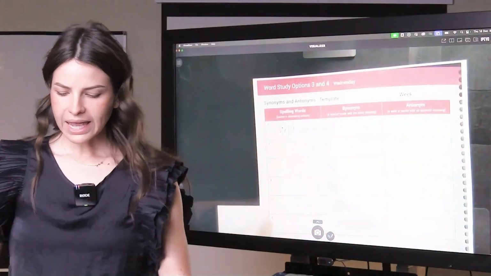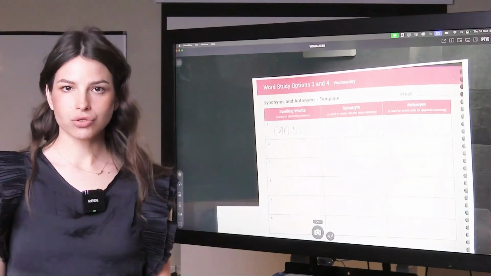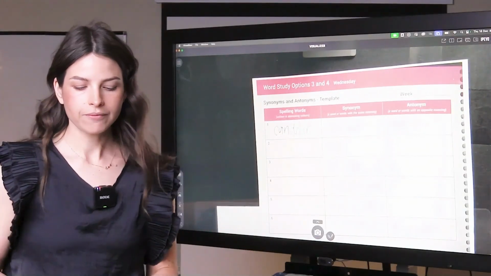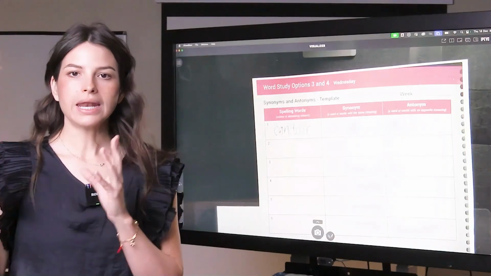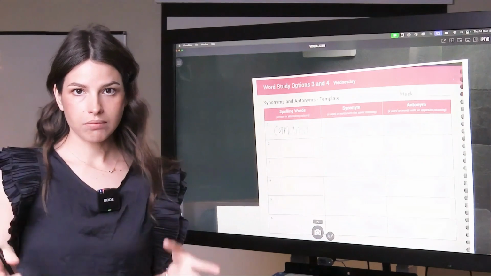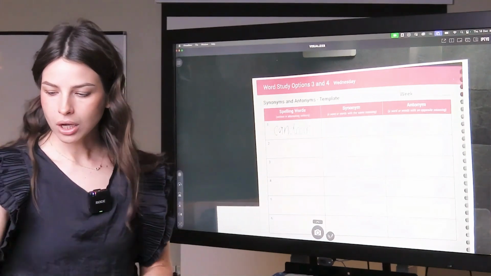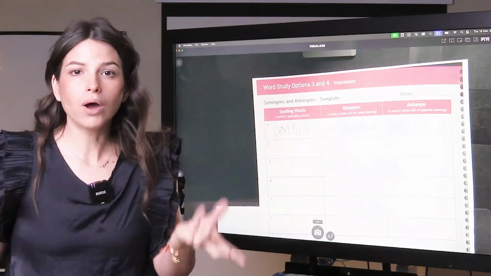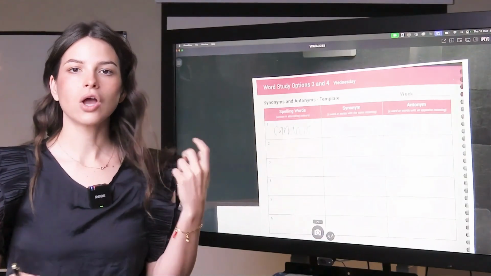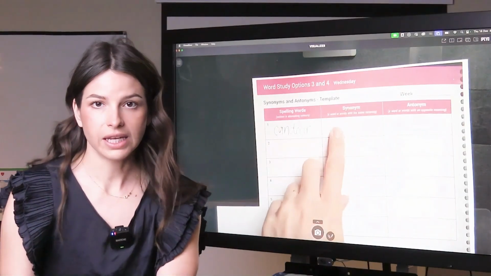Candor. Okay, and if we think about what candor means, it might be that you're very truthful. So we've got to think of synonyms and antonyms. So synonyms are words with the same meaning and antonyms are words with the opposite meaning. So when we think of candor, a word that comes to mind for me is honesty. So let's write in honesty for the synonym.